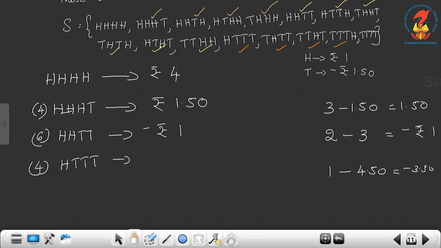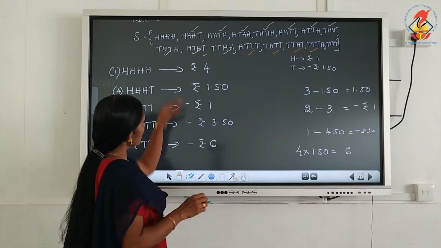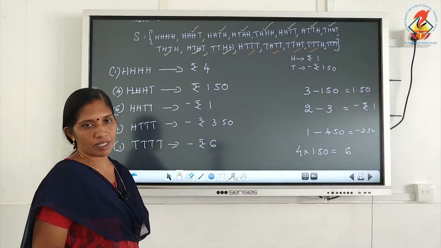Isn't it? So here minus rupees 3.50. And the last case, that is 4T. That is only one case. 4T means 4 into 1.50. That is 6, but it is negative. So it is minus 6.